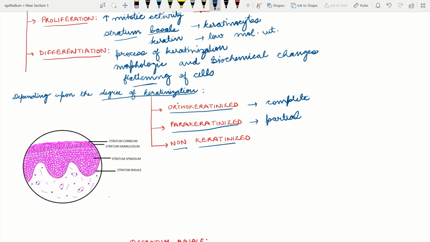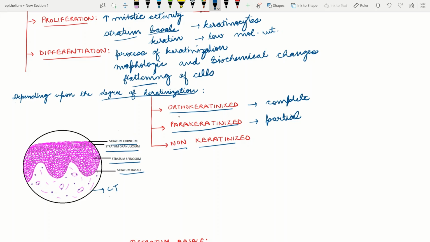Now, how can you differentiate between an orthokeratinized epithelium and parakeratinized epithelium? As you see in this diagram, this is your connective tissue and this is your epithelium. Here I have marked the 4 layers, that is your stratum basale, stratum spinosum, stratum granulosum and stratum corneum. In these 2 layers, stratum granulosum and stratum corneum, the difference will be seen.